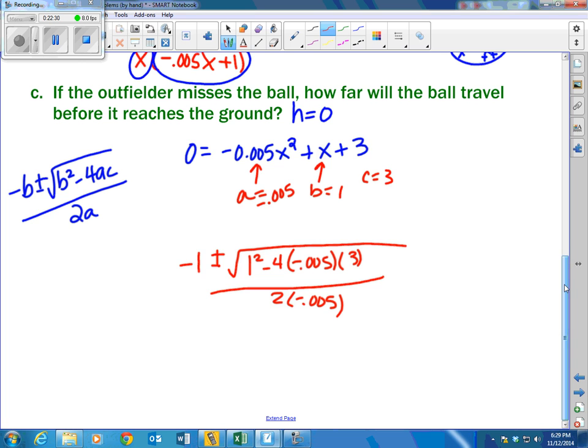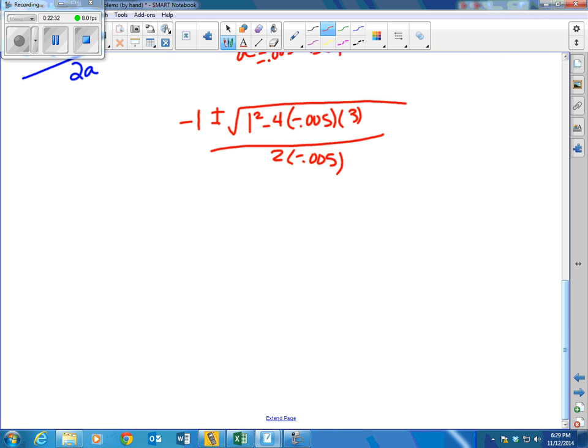When you simplify all that lovely stuff inside the radical, you have negative 1 plus or minus the square root of 1.06 all over negative 0.01.